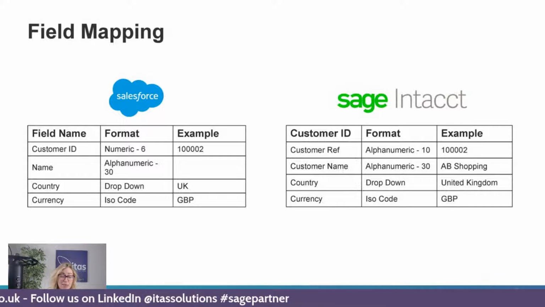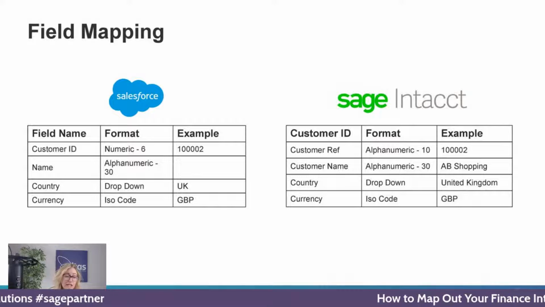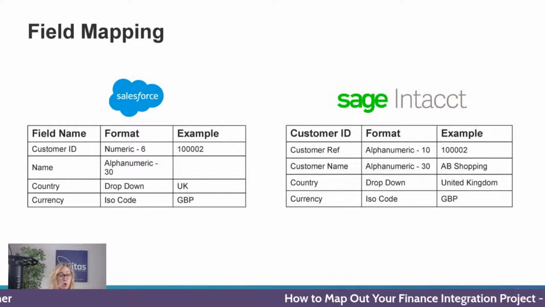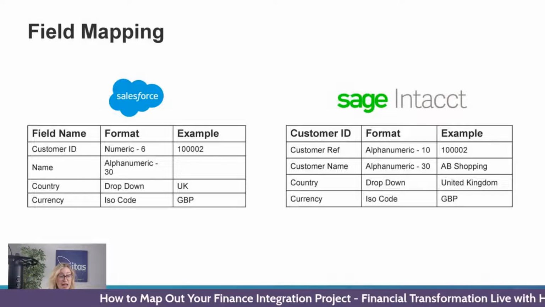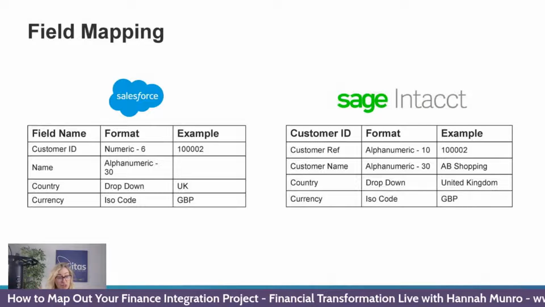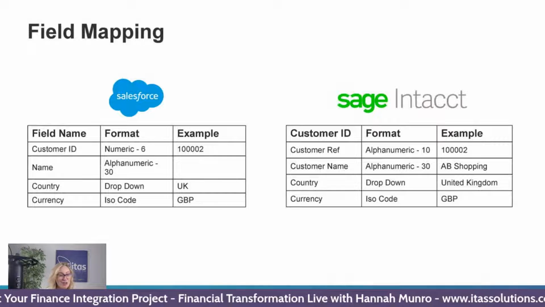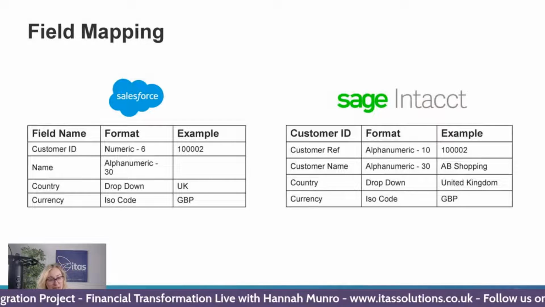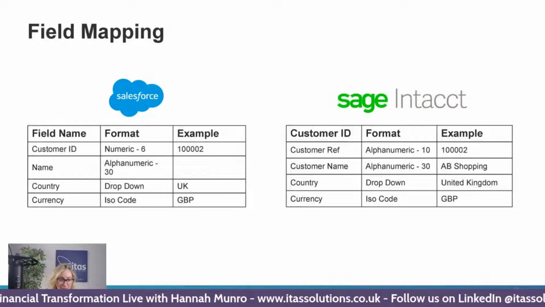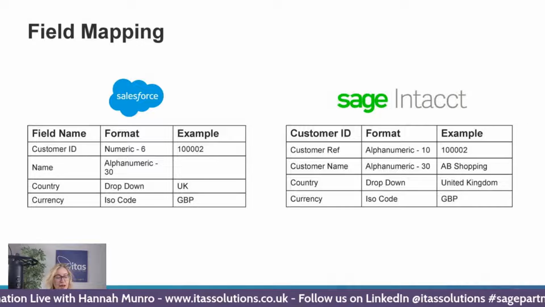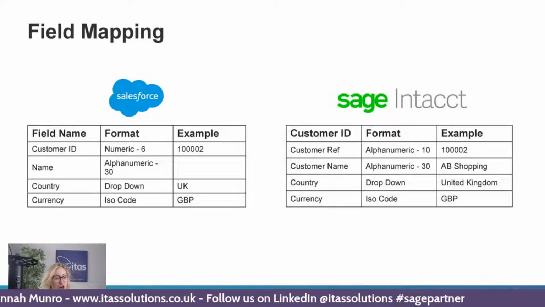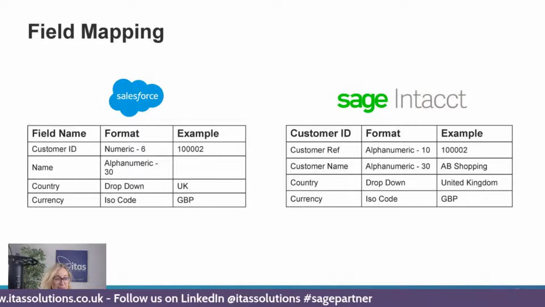Once you've got this field mapping, it's a lot easier, because what we're looking at side by side is system 1 and system 2, right? For each object, those objects we mapped out earlier, you'll start to see the logic in the order we've put this together. For each object, you map out these fields. And for each one we're looking at: what's the field name in that particular system?